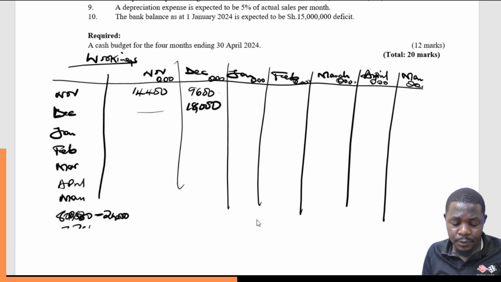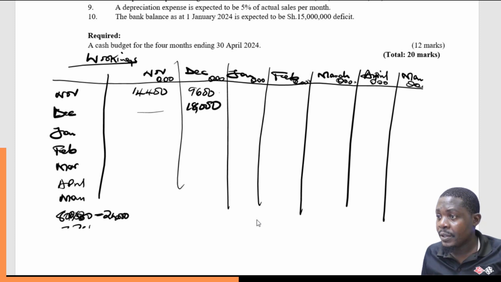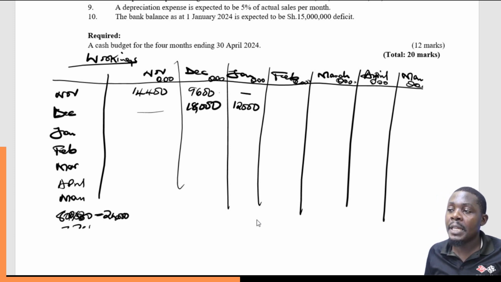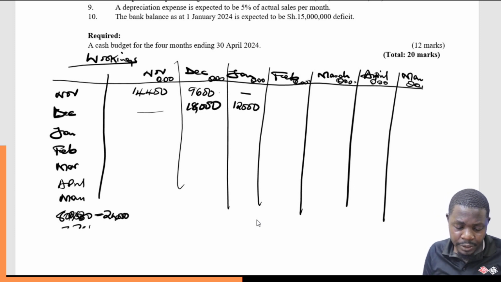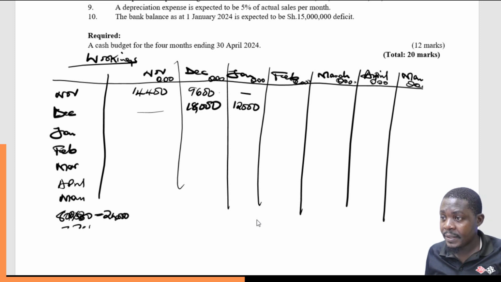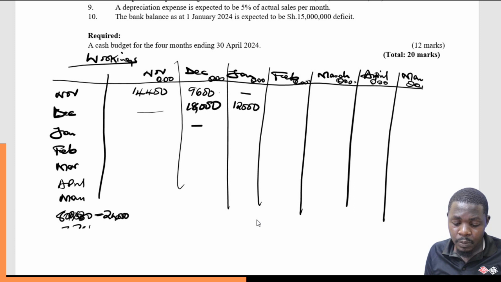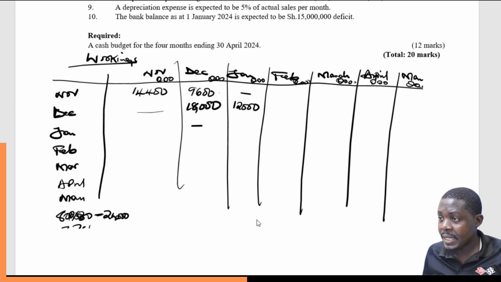Then the balance of 30,000 minus this one, you have 12,000. 12,000 was paid in January. Let's go to January. How many units did we sell? We sold 1,200. We multiply by 30. We have 36,000. 60% of these were paid. That is 0.6 multiplied by the answer. We have 21,600 was paid in January.